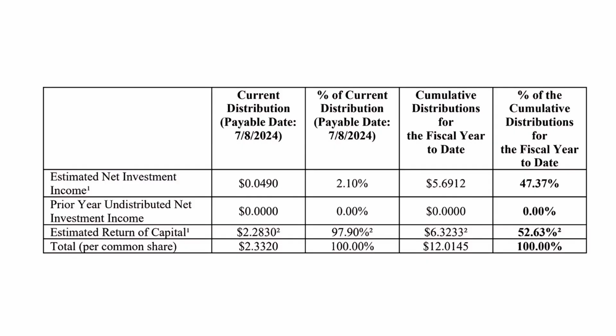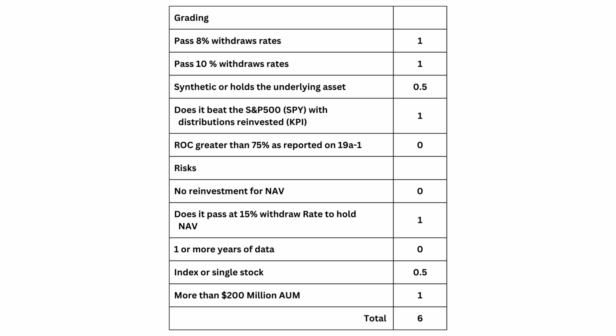Are they tax efficient? No, they're about 50%. Their 19a-1 says they're about 50% this year. They're not going to be the most tax efficient. The final score ends up being a 6 because they can do the 8, they can do the 15. It is a synthetic.